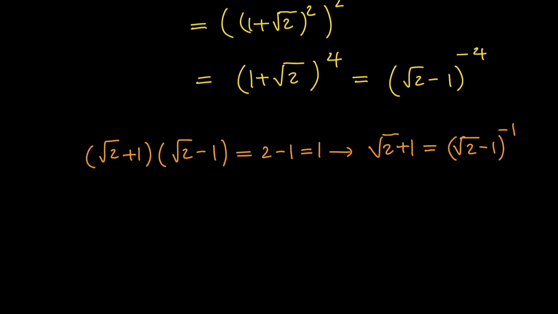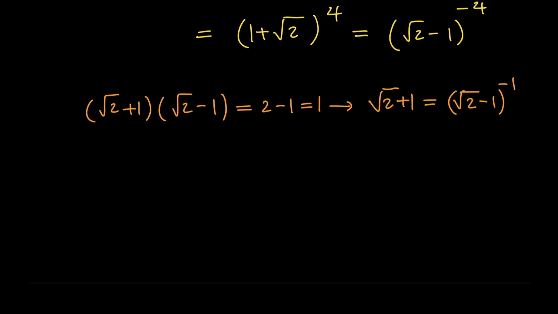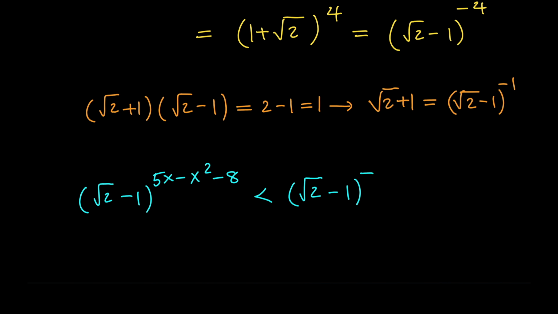So let me rewrite our inequality. Actually, we have the square root of 2 minus 1 to the power of 5x minus x squared minus 8, and that is less than the square root of 2 minus 1 to the power of negative 4.